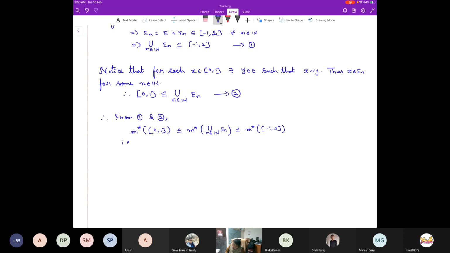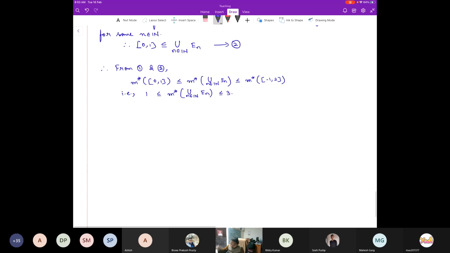That is, 1 is less than or equal to M star of the union, which is less than or equal to 3. That's it. Fine. Now we will have to show that what we wanted fails.